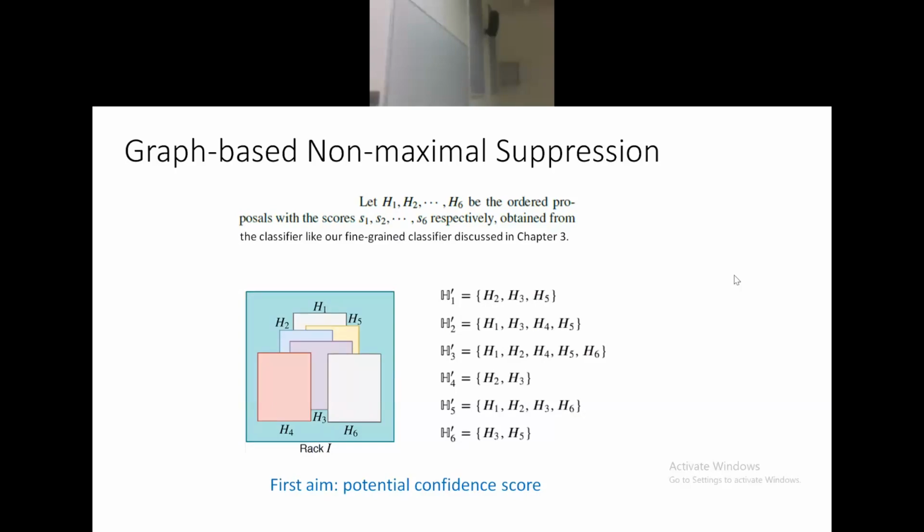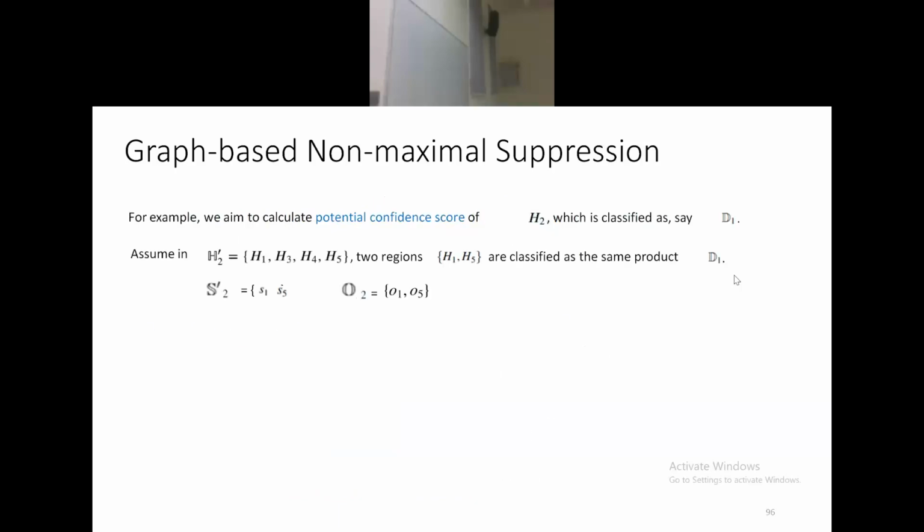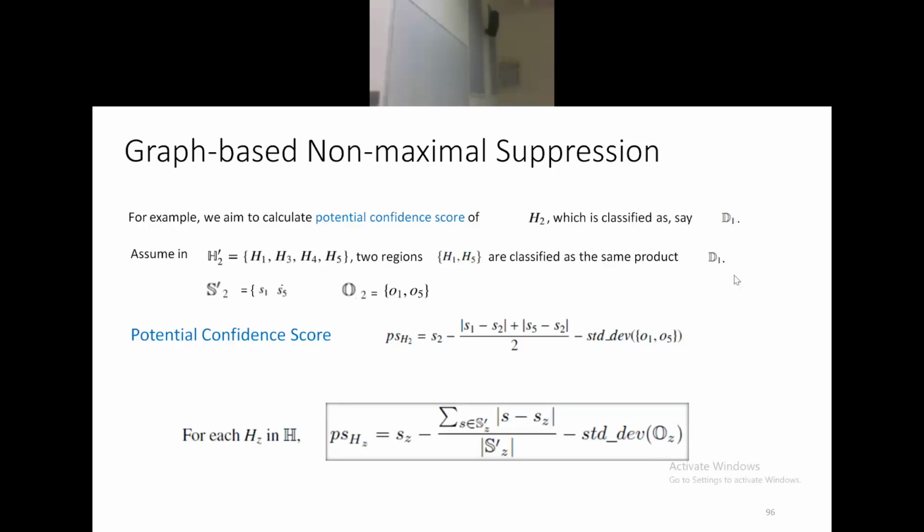Your confidence will increase if all of them are saying it's Kellogg's cornflakes 500 grams. That's no doubt about it. The problem comes if all of them are giving confusing signals. So you look at the standard deviation of the confidence scores, and if the deviation is very high, then the confidence goes lower. It's an intuitive explanation of the process.